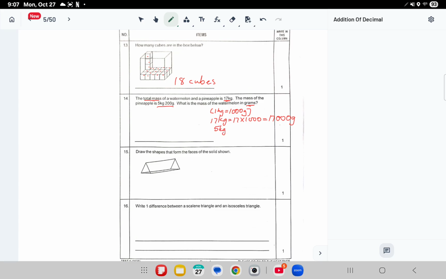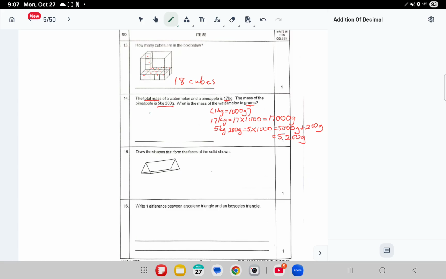All we need to do is convert the kilograms to grams. So that will be 5 by 1000, which will be 5,000 grams. Add the 200 grams. So we know the mass of the pineapple is 5,200 grams.